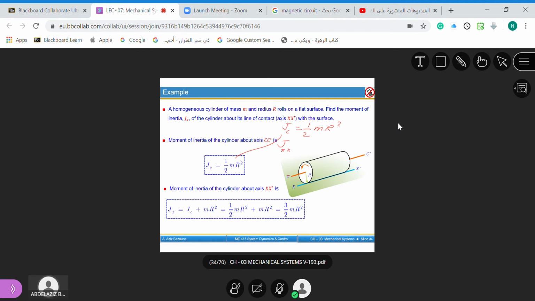So it will be Jg plus m times the distance squared, so it will be m r square. If you substitute Jg here, half m r square plus m r square, this will give you 3 over 2 m r square.